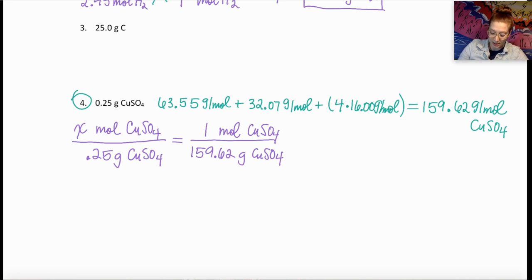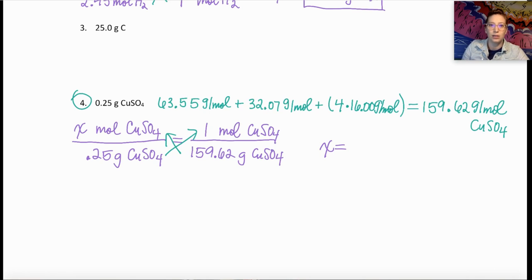This time I'm going to have to cross multiply and then divide. 0.25 times 1 is just 0.25. X times 159.62. I want to divide by that 159.62 to get X by itself. So when I do that, hopefully, I'm going to get a pretty small number. I'm going to go ahead and put this in scientific notation.